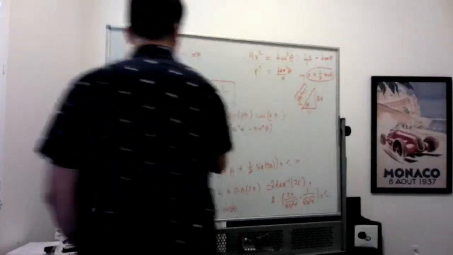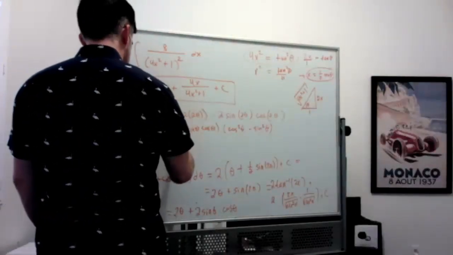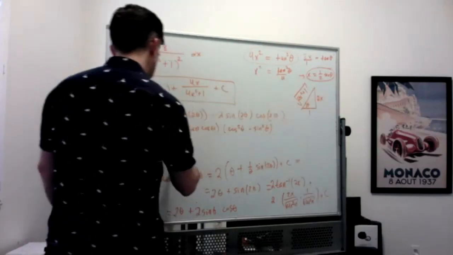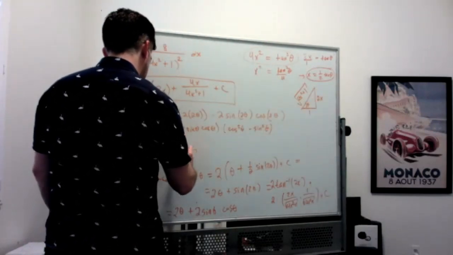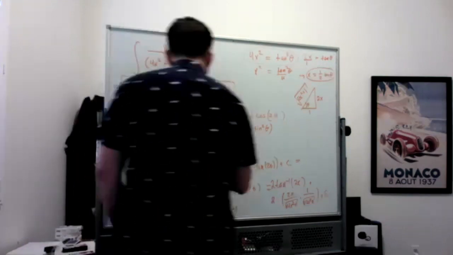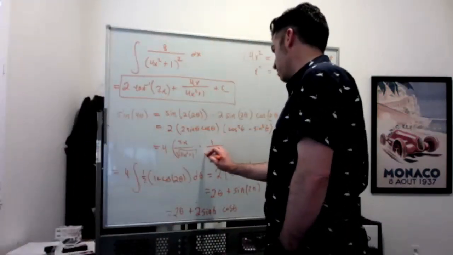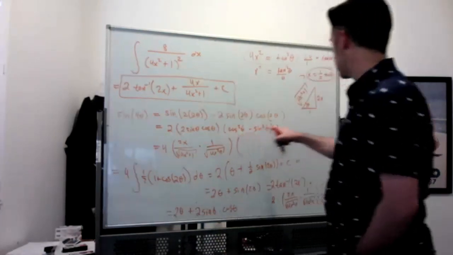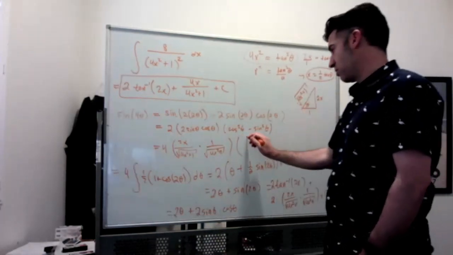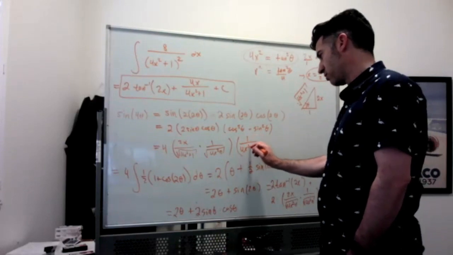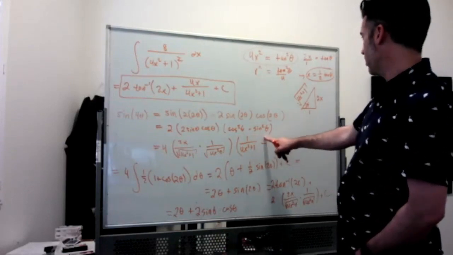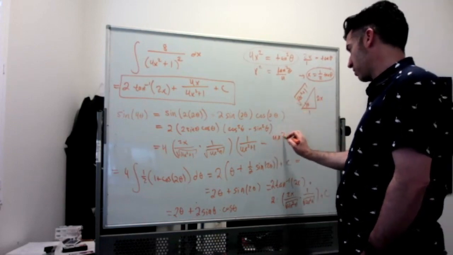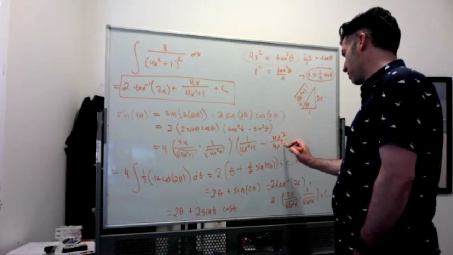So you get 2 times 2 is 4 times sine of theta, which is 2x over the square root of 4x squared plus 1. And cosine theta is 1 over the square root of 4x squared plus 1. Cosine squared theta is 1 over that squared, so it'd be 1 over 4x squared plus 1. And sine squared theta would be 2x over that squared, so 4x squared over 4x squared plus 1.